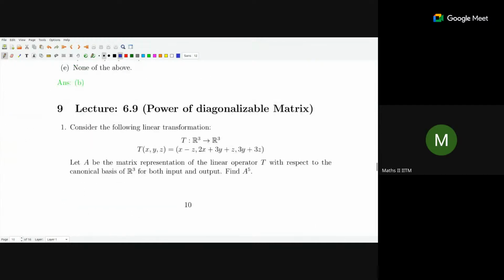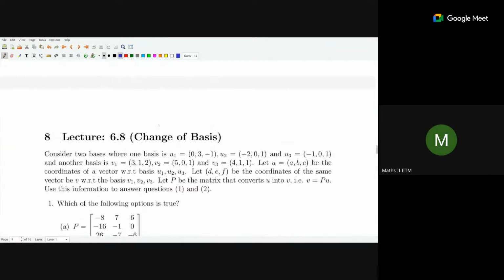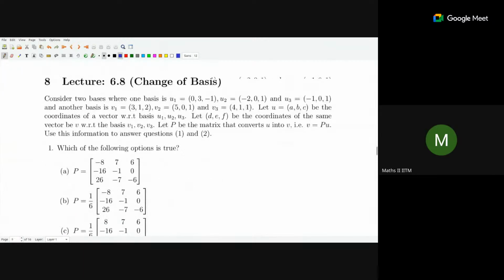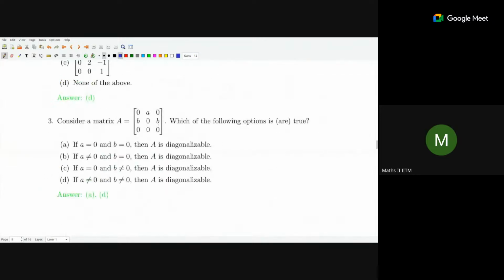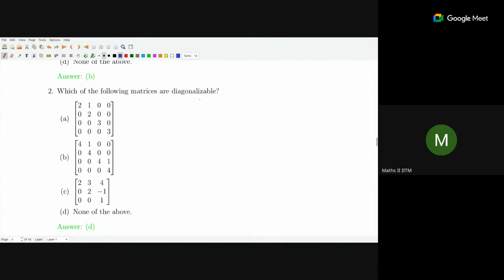Right, so the same thing follows. So if at all you can write any matrix of that form, then that is diagonalizable, or else it is not diagonalizable. In other words, if you are getting distinct eigenvalues, then that particular matrix A is diagonalizable, or else it is not. So the same thing here also. So you see which of the following matrices are diagonalizable. The only thing you have to do is compute the eigenvalues. If your four eigenvalues are distinct, then they are diagonalizable. If your four eigenvalues are not distinct, then they are not diagonalizable.